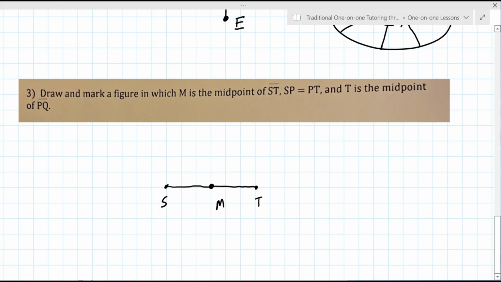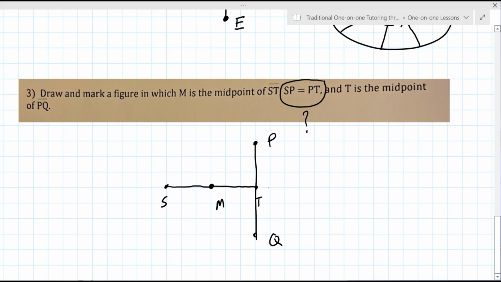All right. So the next thing here, it says SP is equal to PT. And we don't really know what to do with that at the moment, but we are told that T is the midpoint of PQ. So let's put a P up here. Let's put a Q down here. Because then T is definitely the midpoint of PQ.